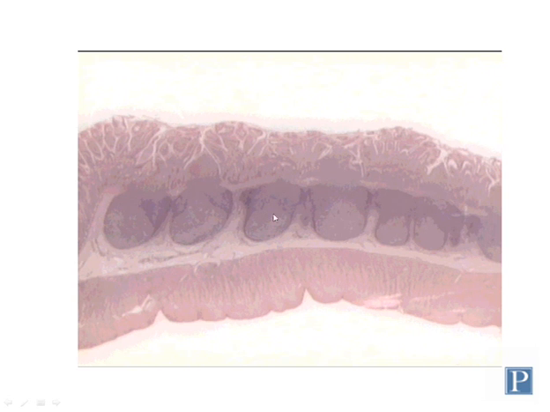So this entire structure here is known as a Peyer's patch, and you can see it consists of multiple individual lymphoid nodules. There are about 1, 2, 3, 4, 5, 6, 7 or 8 of these, and probably more that continue off the section here, embedded within the submucosa of the ileum.